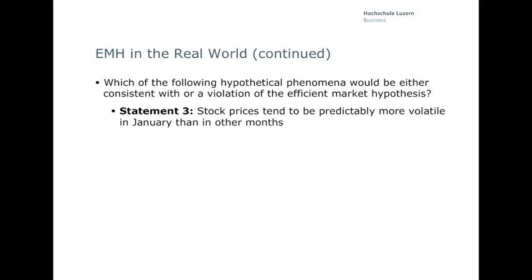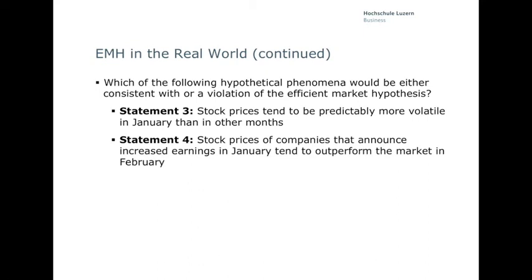Statement 4. Stock prices of companies that announce increased earnings in January tend to outperform the market in February. This statement is inconsistent with the efficient market hypothesis. The abnormal performance ought to occur in January when earnings are announced.